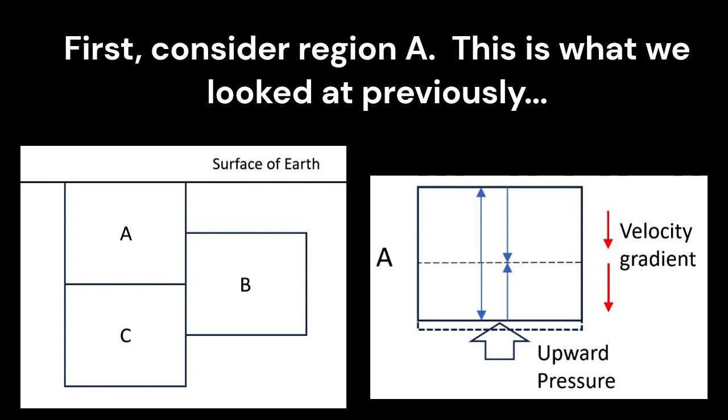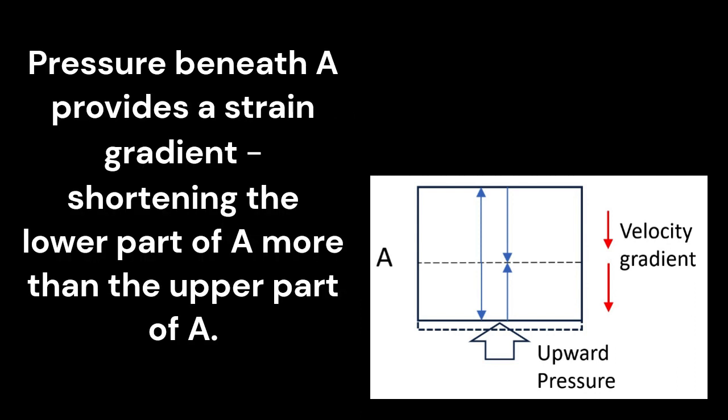mass in region A, and we say that the energy cycling inside A exists in a region of a velocity gradient because near the surface of the Earth, the space is accelerating downwards. And so in the upper half of A, it takes a certain amount of time for the energy to cycle back to where it started.